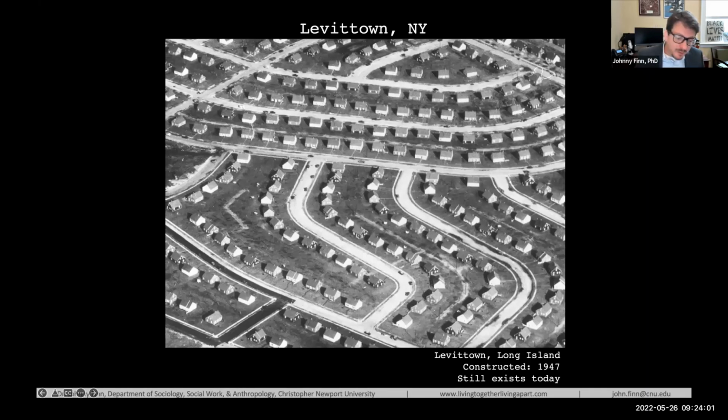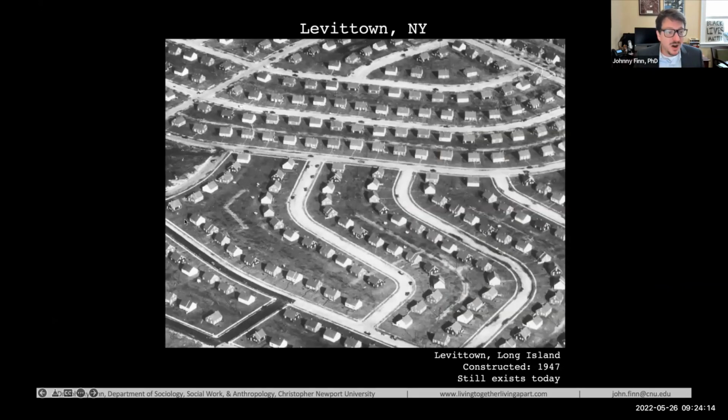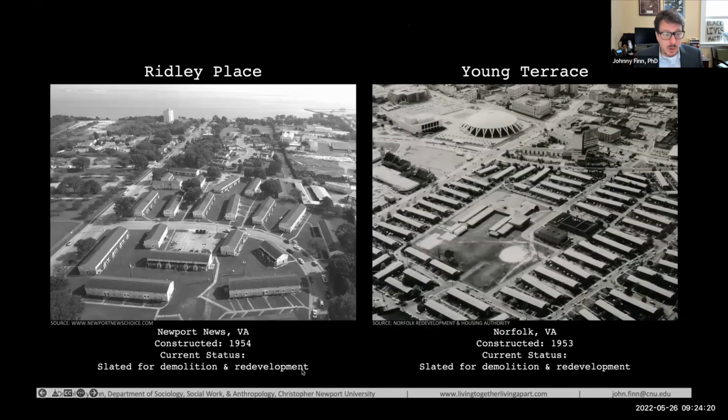And then on the flip side, the government was spending money to build out public housing. But when you live in public housing, unlike when the government subsidizes suburban home ownership for you, public housing is not a wealth builder.